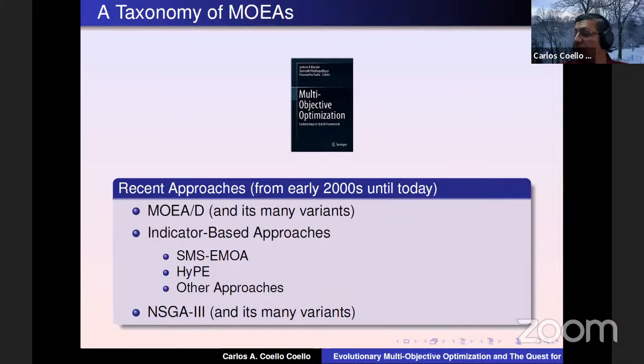And then we have, of course, NSGA-III, introduced by Deb in the year 2014. These algorithms are all very popular. At least MOEA/D has its source code available on the internet. That's not the case for NSGA-III, and that's not the case for SMS-EMOA. The Indicator-Based Evolutionary Algorithm has its code available on GitHub.